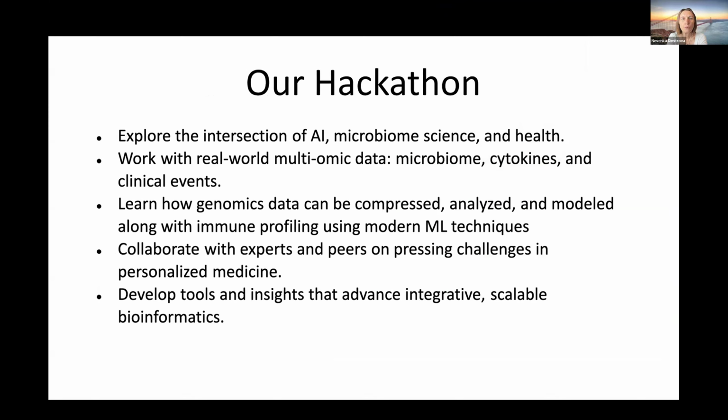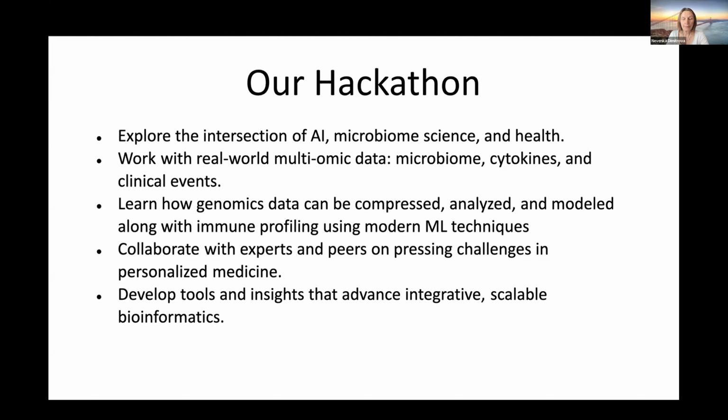Here we work with real-world multi-omic data, and that's why this study is so exciting, because it's not only microbiome data, but also metabolomic data, as well as immune-related data like cytokines, as well as clinical events. So here we learn how genomics data can be compressed and analyzed, as Jan explained, and then modeled along with immune profiling using modern machine learning techniques.